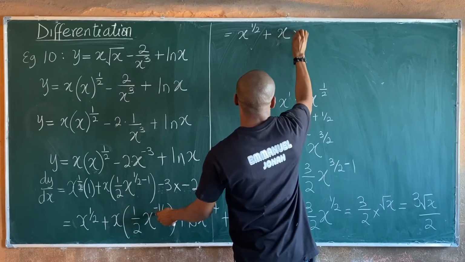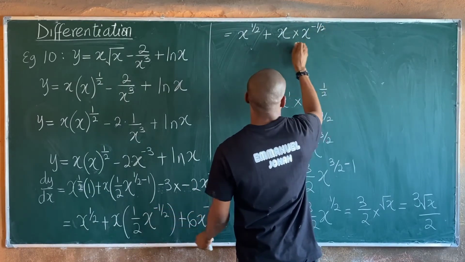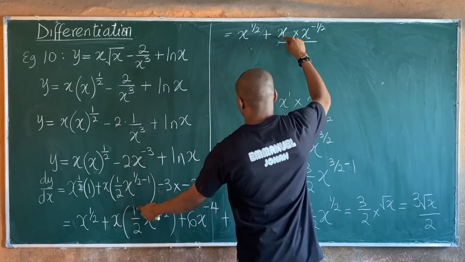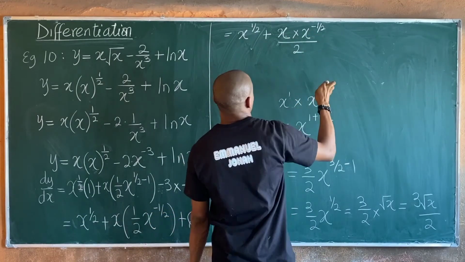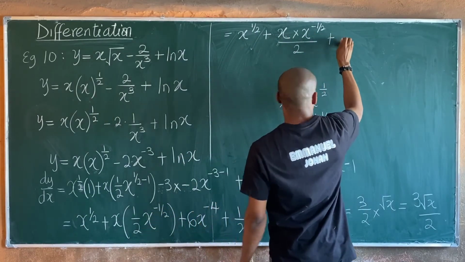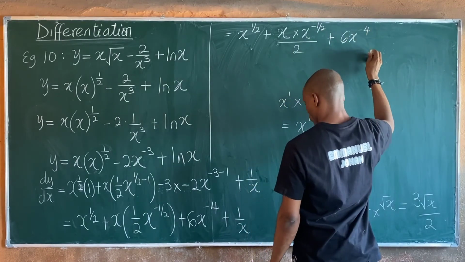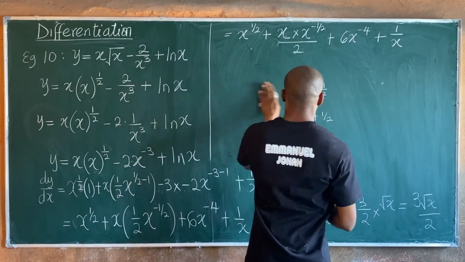X times this, it becomes x to the power minus 1 all over 2. All over 2, right? X times 1, that's x here. Then times this one here, that's this all over 2. So this plus 6x to the power minus 4 plus 1 all over x. So I'm going to work on this now.